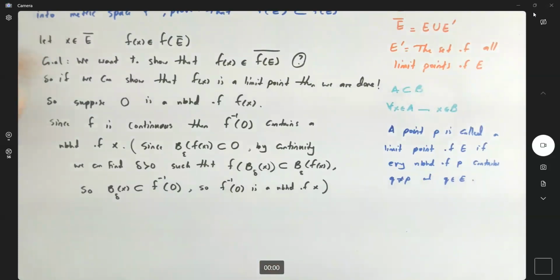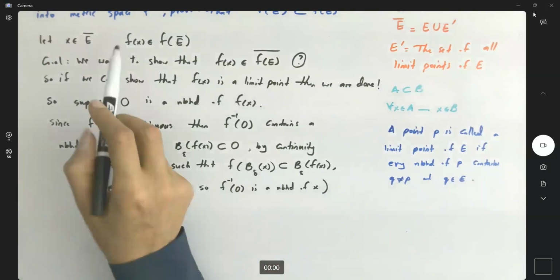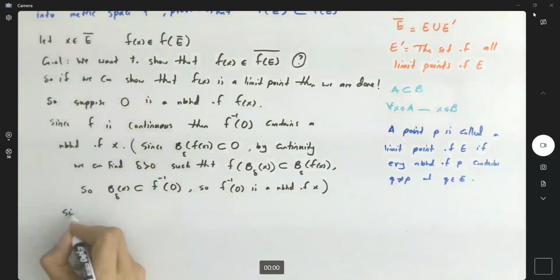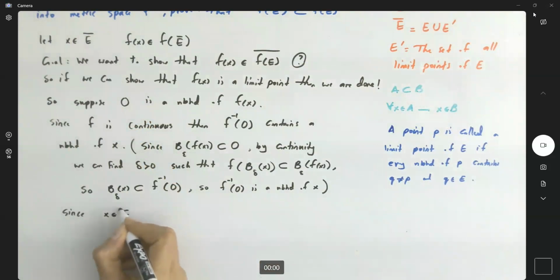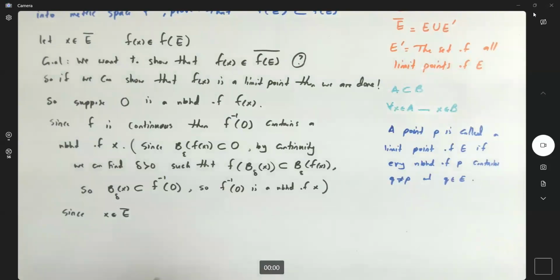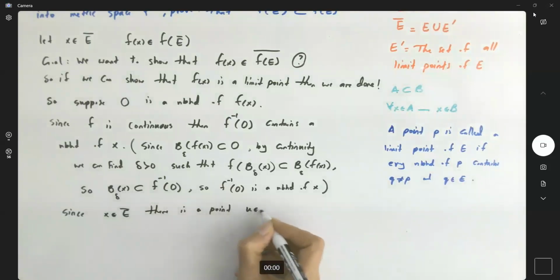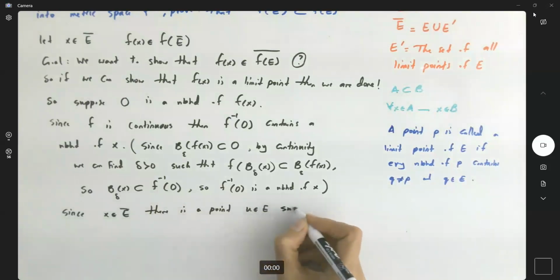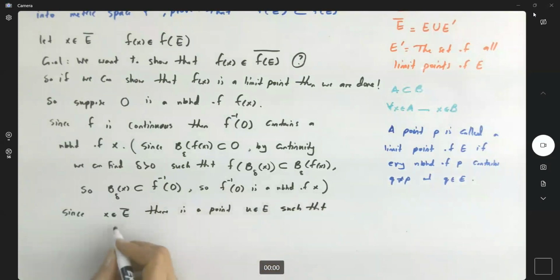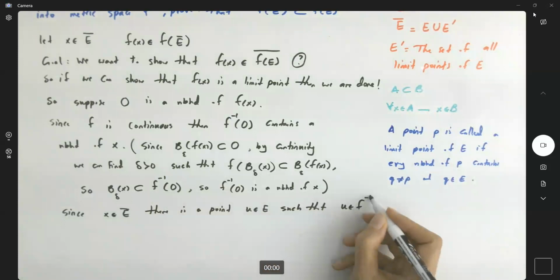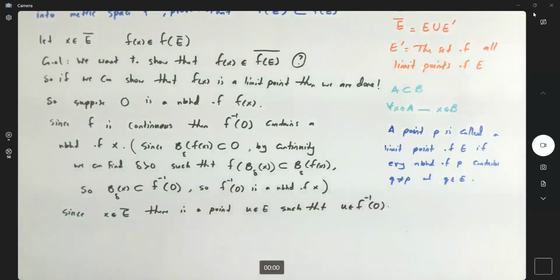Since we assume that x belongs to the closure of E, there is a point like u of E such that u belongs to the inverse image of O. Where does it come from?